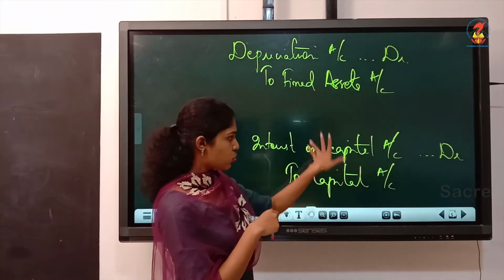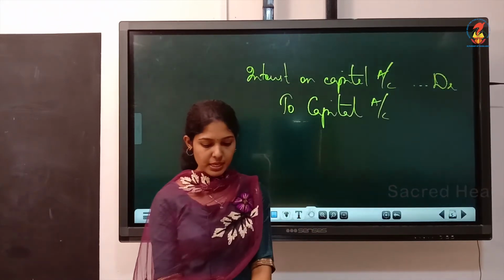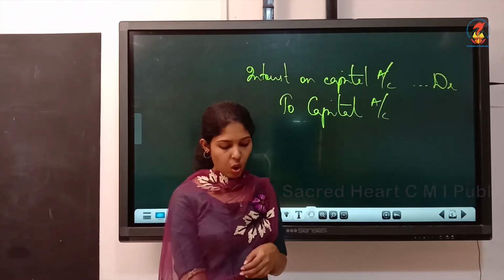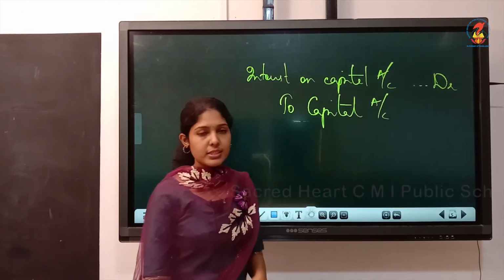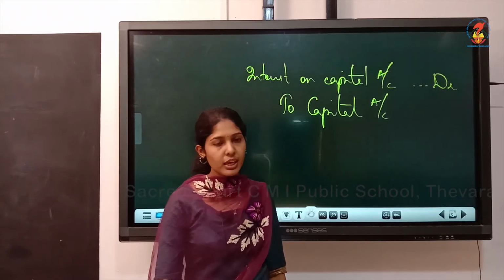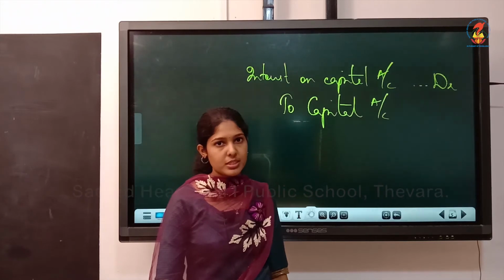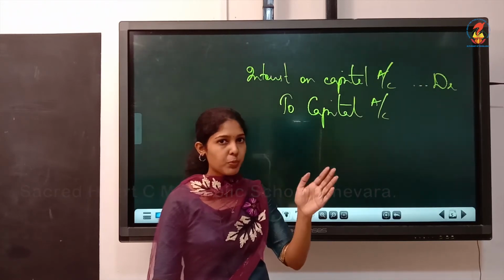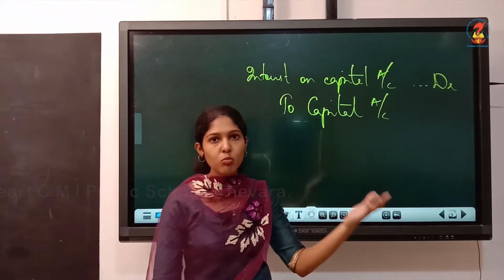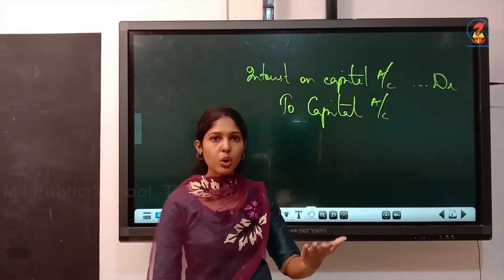Then the next specimen entry, it is interest on drawings. Interest on drawings. Now think from firm's point of view. Is it an expense, income, asset, liability, capital? What is it? Interest on drawings.